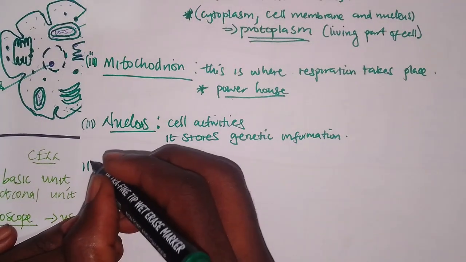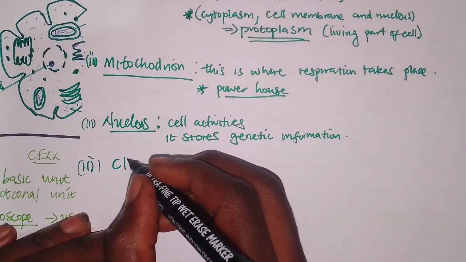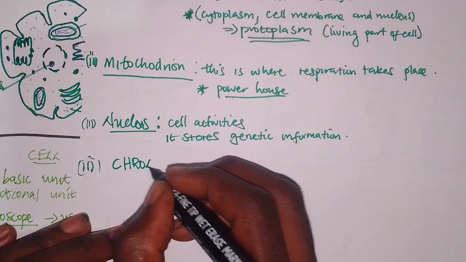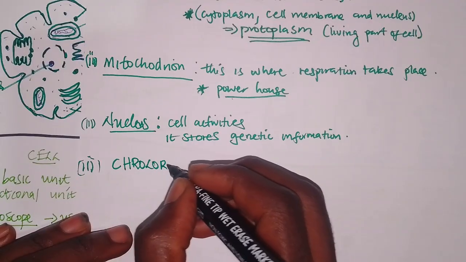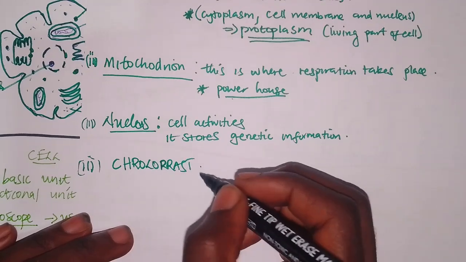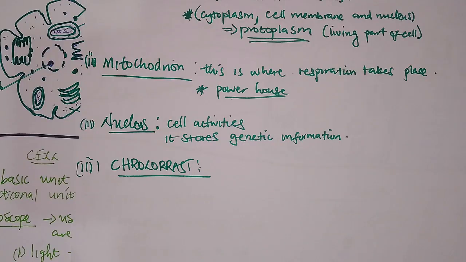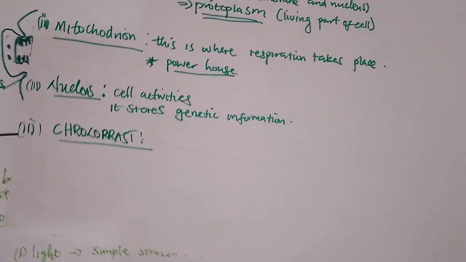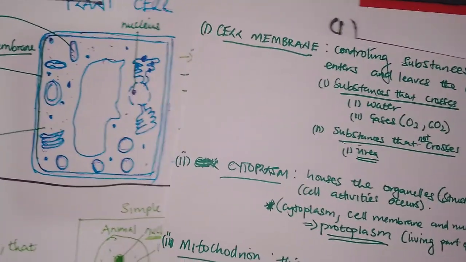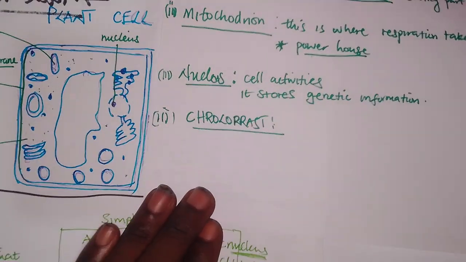So the next structure we are going to discuss is the chloroplast. So what is the function of the chloroplast? So remember, the chloroplast is only present in the plant cell.